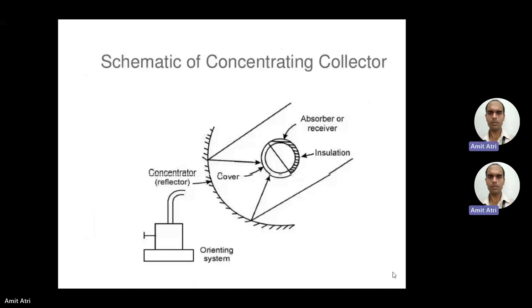So here we can see there is a reflector, that is basically the concentrator. So light is coming, striking the reflector and reflecting back, and they are converging to one very small area. So that is the absorber. Okay, so the outer surface is coated with insulation so that the heat does not leak to the environment.